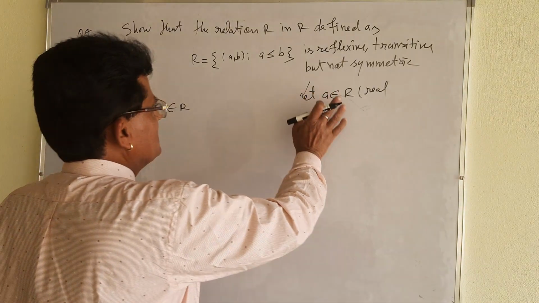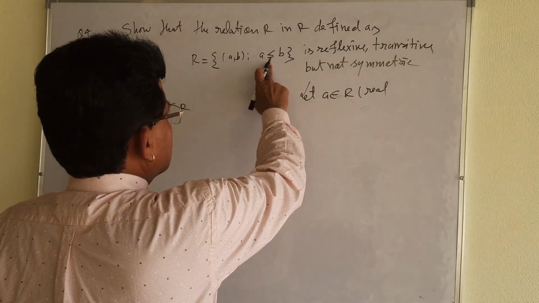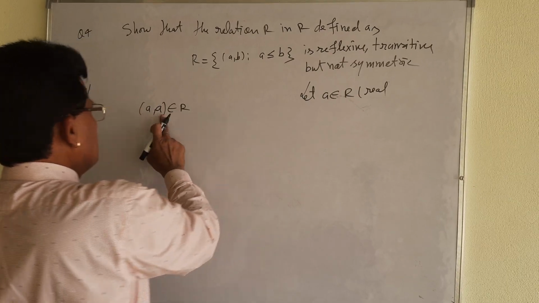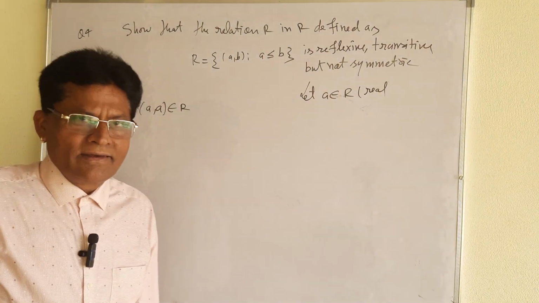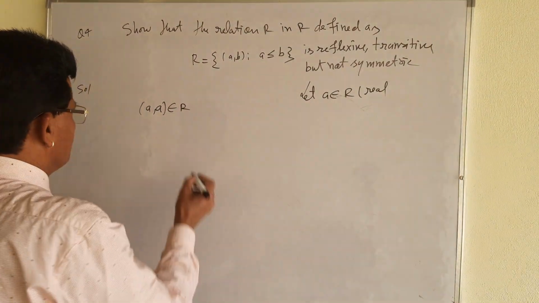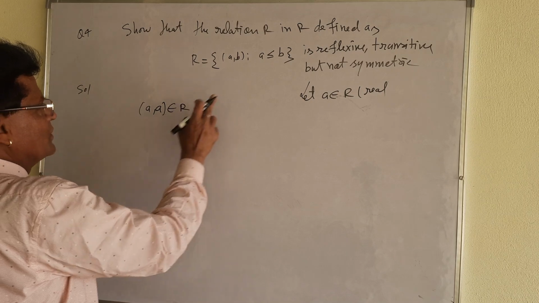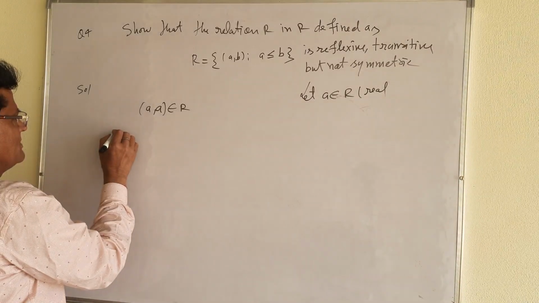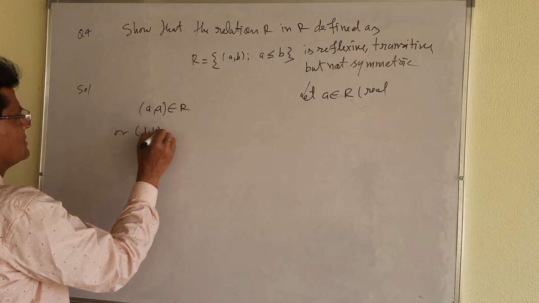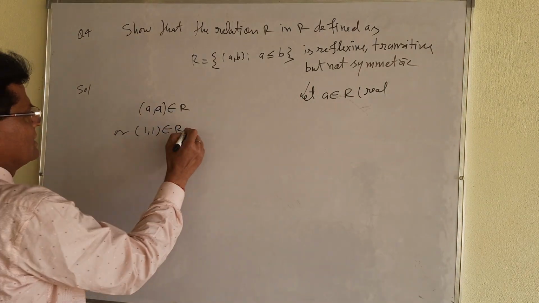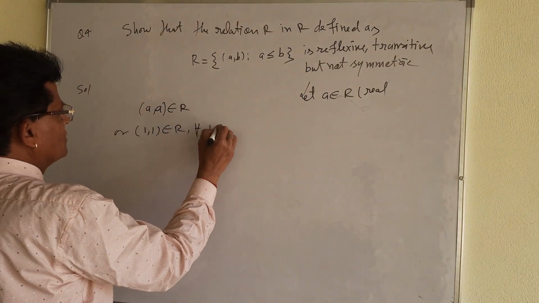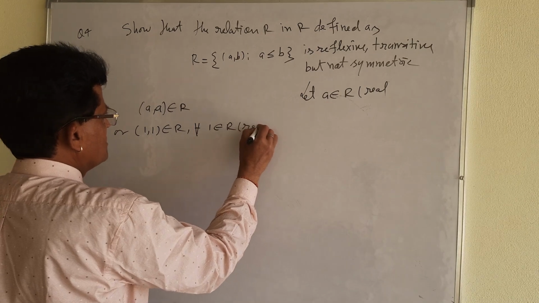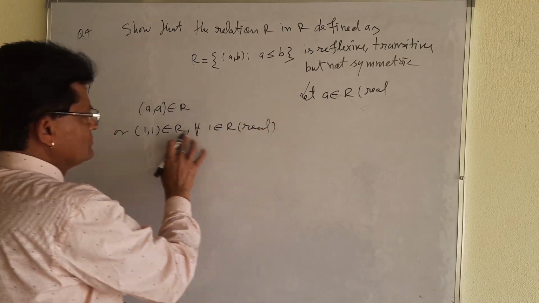And you see that is true, because a is less than or equal to a, a is equal to a, that is true. It belongs to (a, a), (b, b), (c, c). You can take other elements, or you take 1 belongs to R, for all 1 belongs to R, R means set of real numbers.